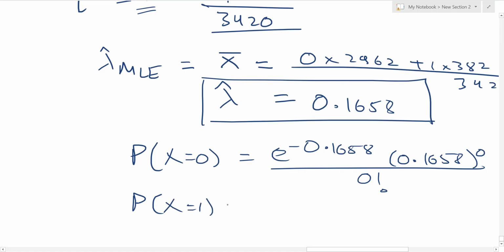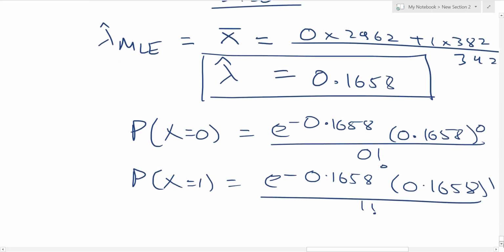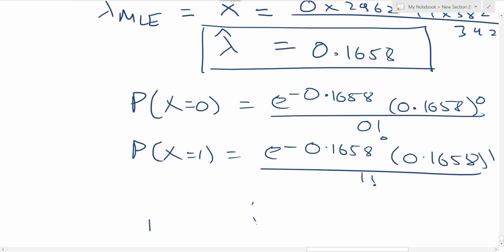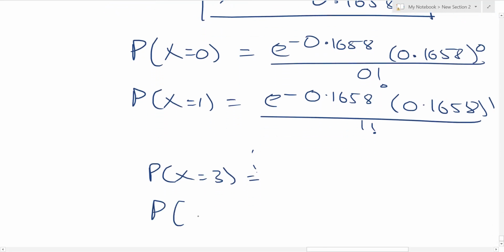Probability X equal to 1 will be e to the power of minus 0.1658 times 0.1658 to the power of 1 upon 1 factorial. You can check this out up to probability X equal to 3. And then I can find probability X greater than or equal to 4.